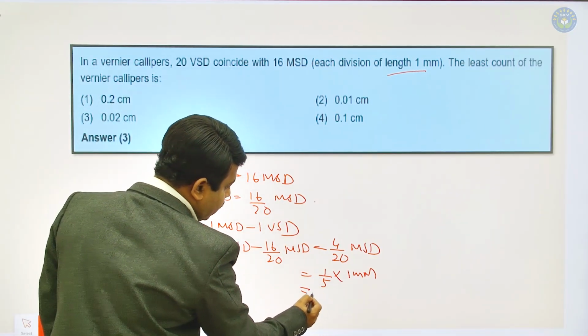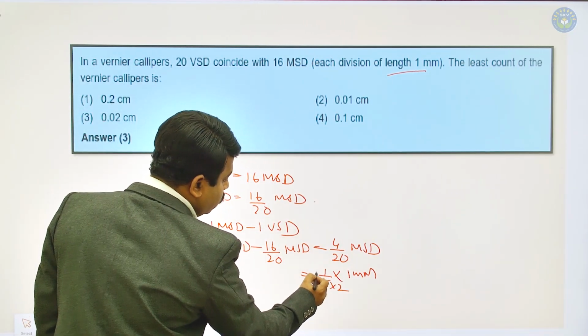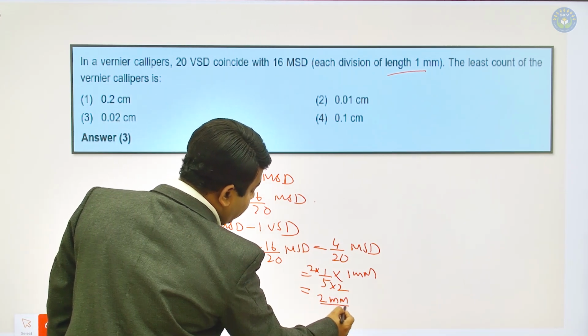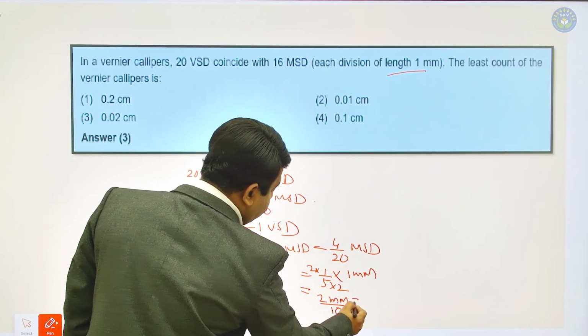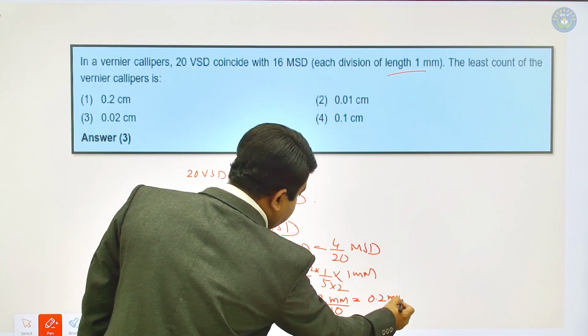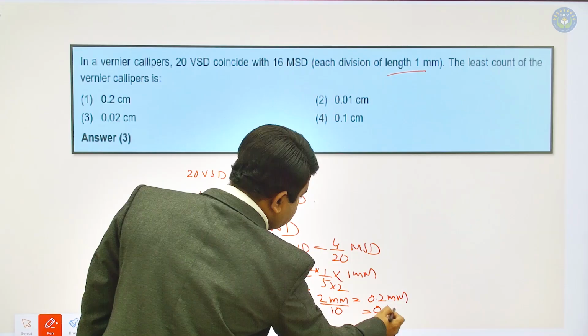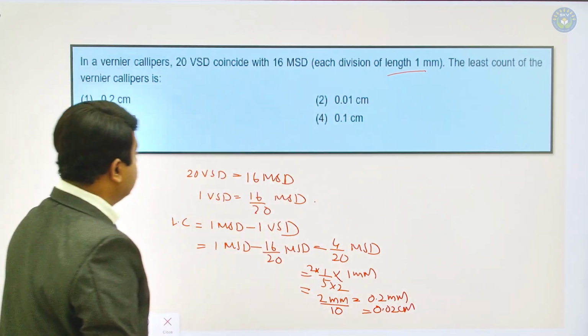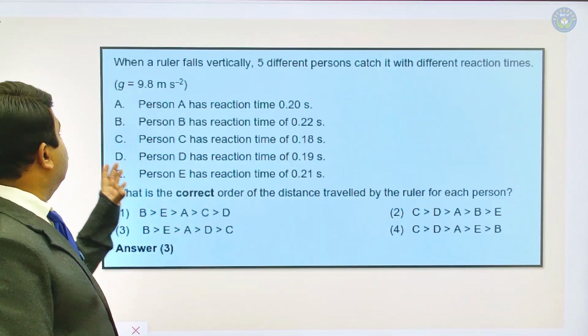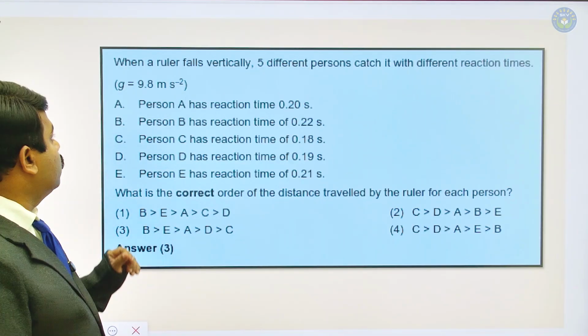So you can write it here, multiply with the 2, then 2 millimeter divided by 10, that you can write as 0.02 centimeter, right? Then option 3 is correct, right? All right. Now let us go to question number 26.